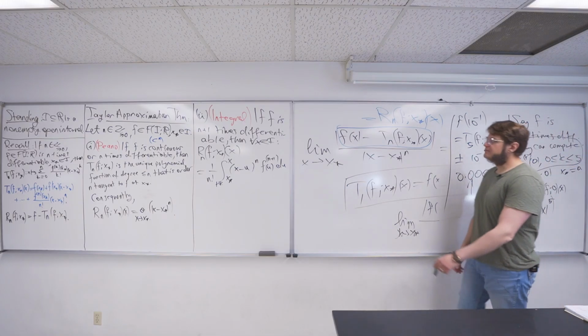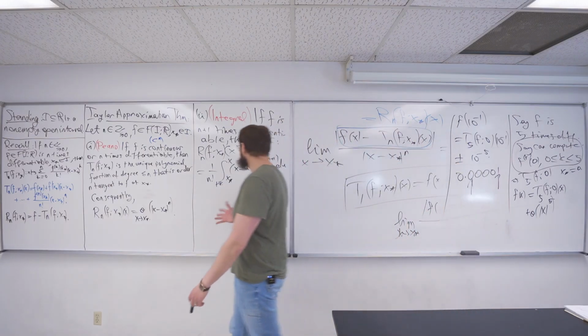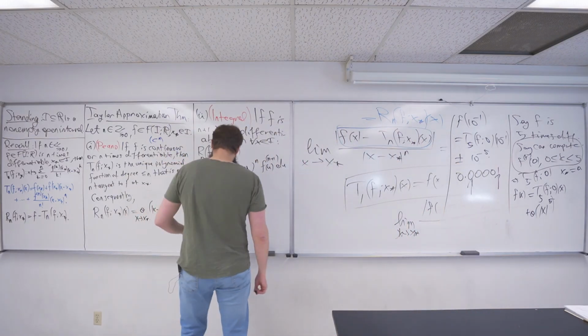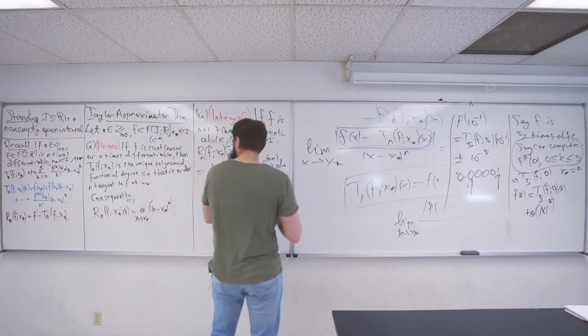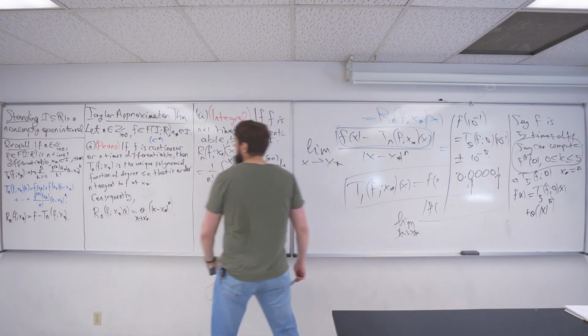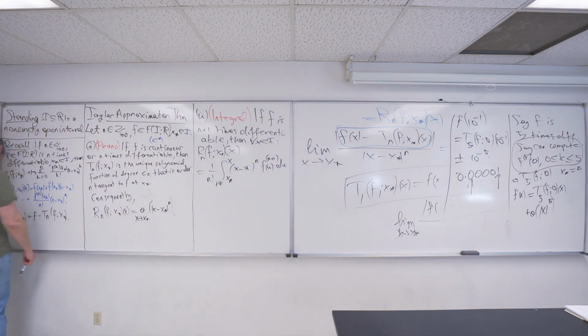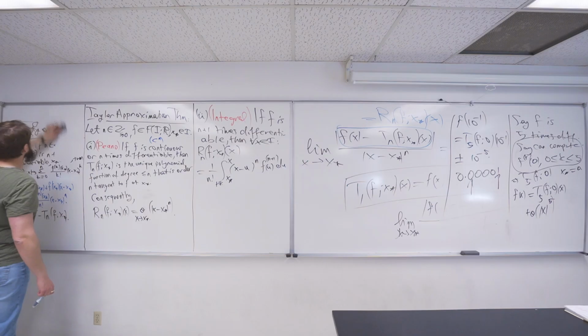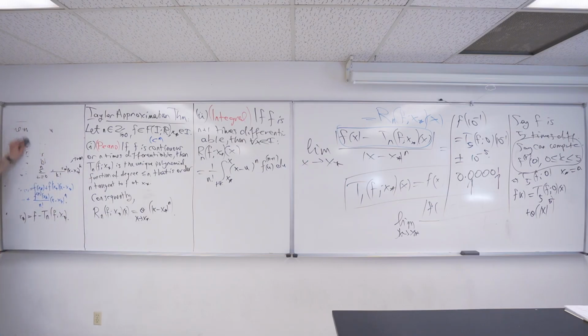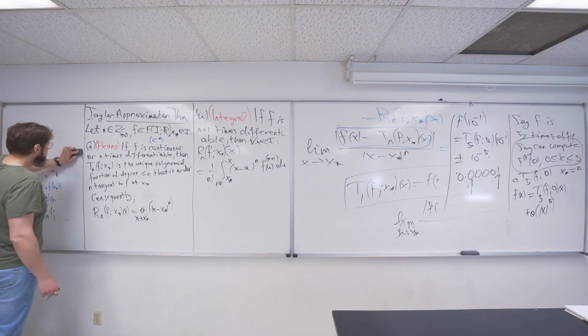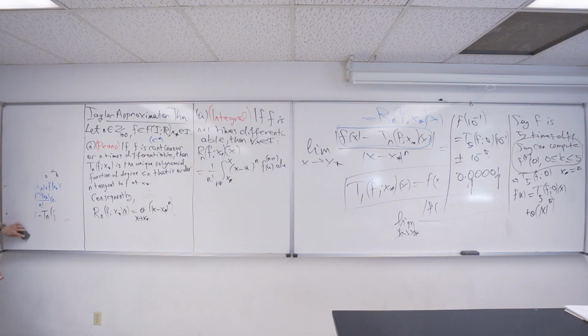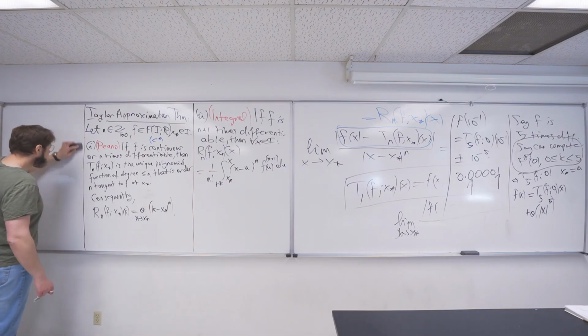And for the third item, I want to have something that is similar to MVT. I'll write it here, because I want to write all the parts of the Taylor approximation on one board.